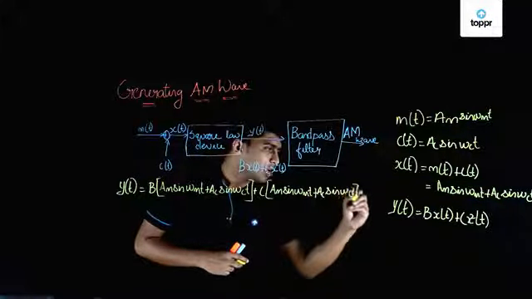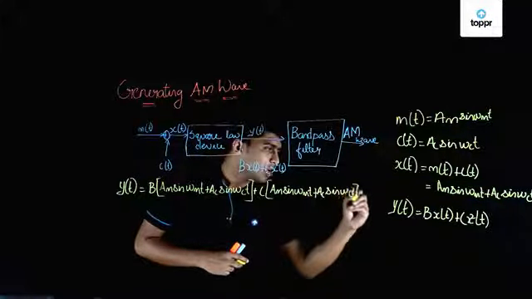b Am sin ωmt plus b Ac sin ωct plus, (a plus b) the whole squared is a squared plus b squared plus 2ab, right?